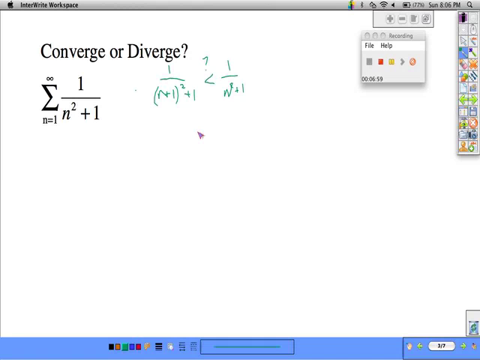Again, we can cross multiply, and we can get everything to one side. And this is true for n values bigger than or equal to 1. So the integral test applies.